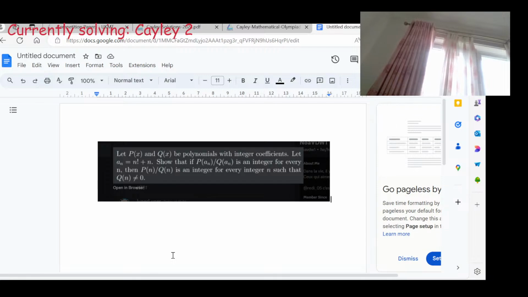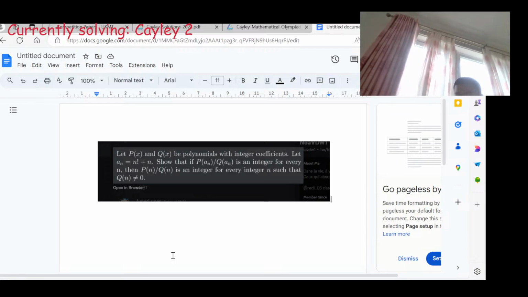Let's say it's not constantly zero. Let's say the polynomial has order greater than zero. Well, then it is zero at infinitely many points, which means it has to be a polynomial with order zero. If that kind of makes sense.